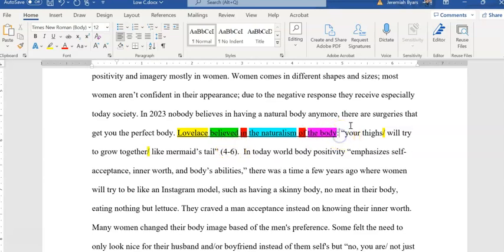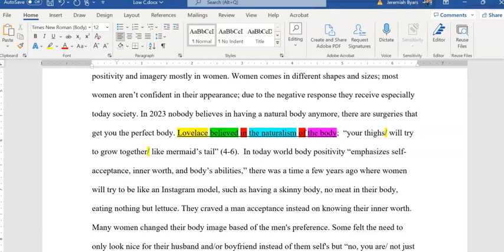A semicolon says, hey, I have 2 independent complete sentences, but they are really closely related to each other. So you should read them together, even though they are independently written. So like, Lovelace believed in the naturalism of the body, semicolon.